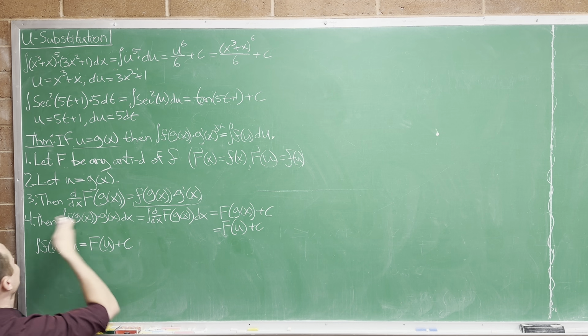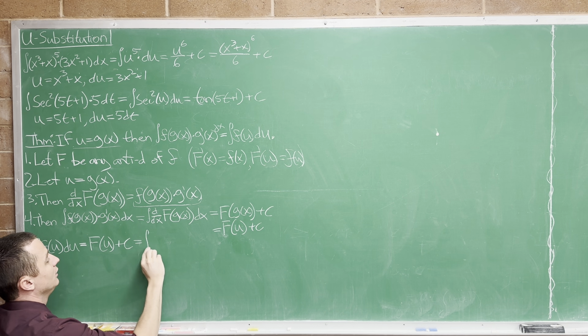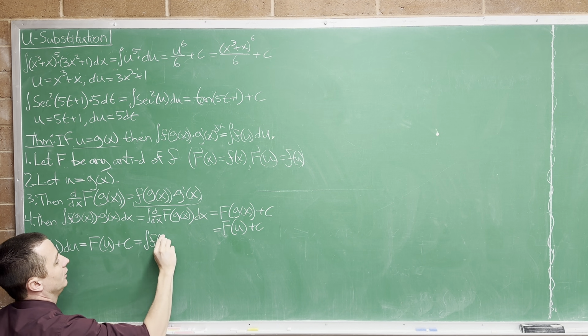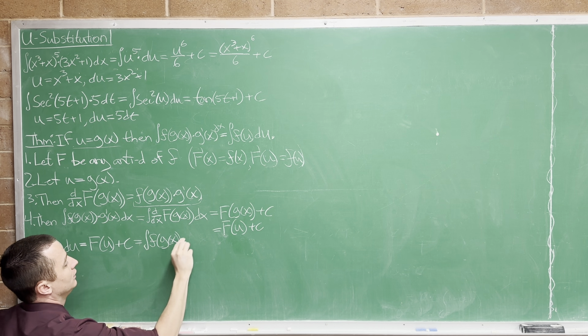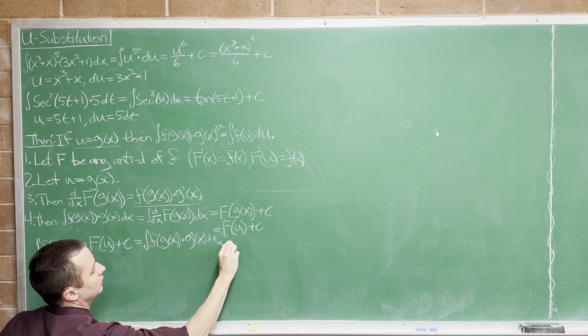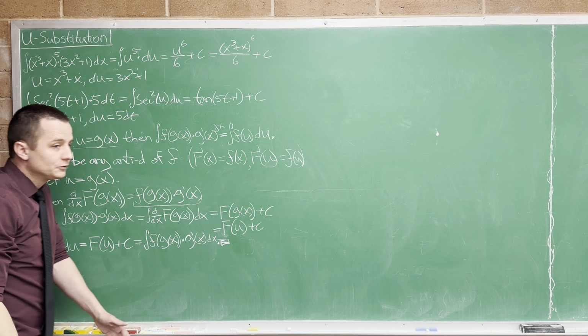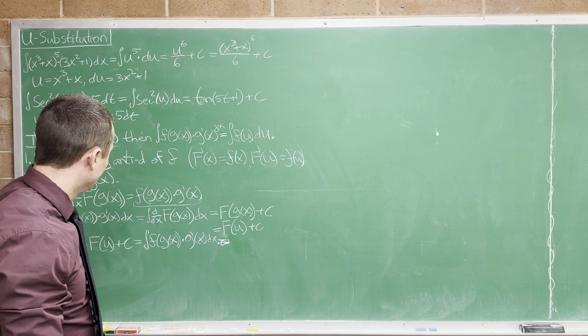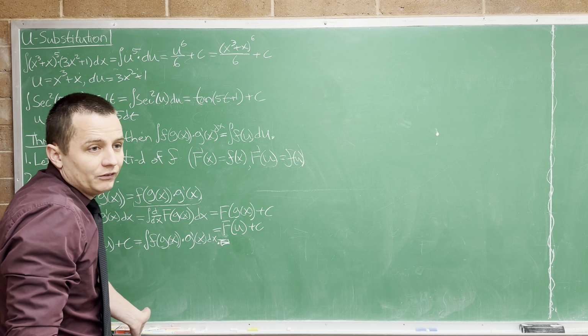But we already showed that that's what this is equal to. So it's equal to the integral of f of g of x times g prime of x dx. Okay, woohoo, we did it. Okay, so they give you the same thing.